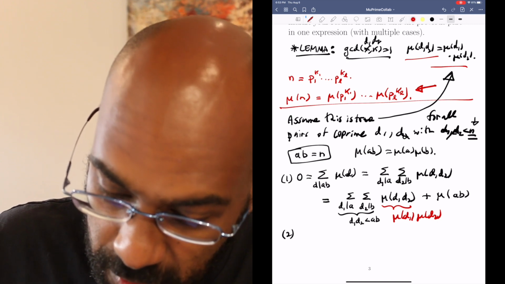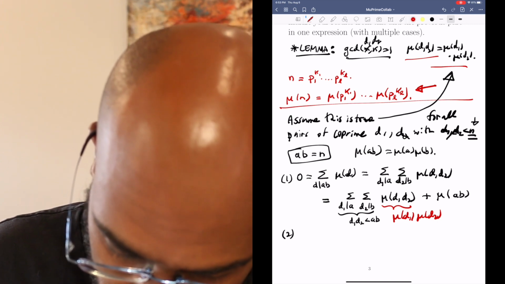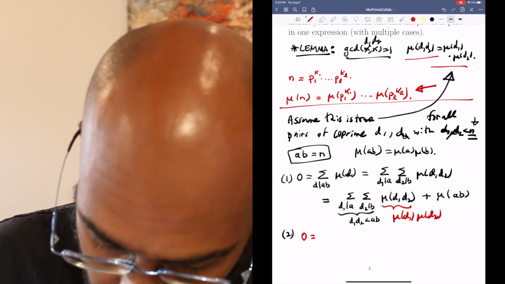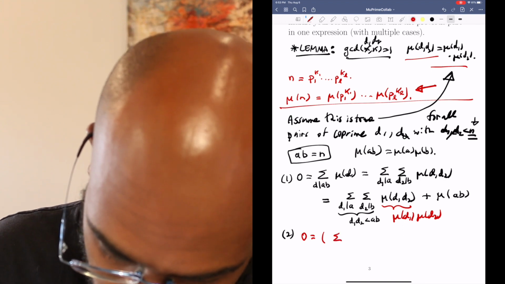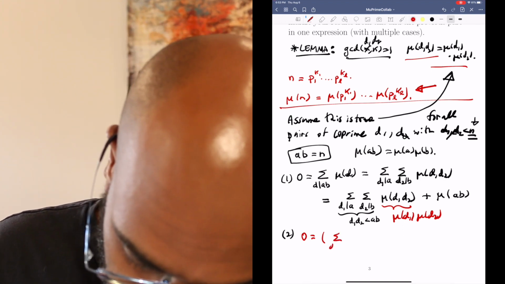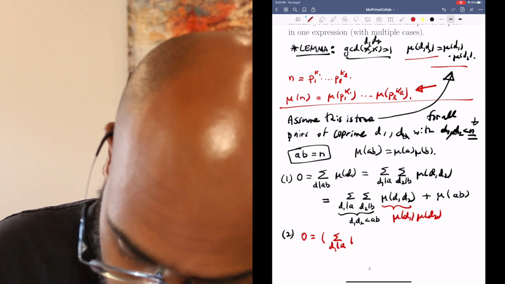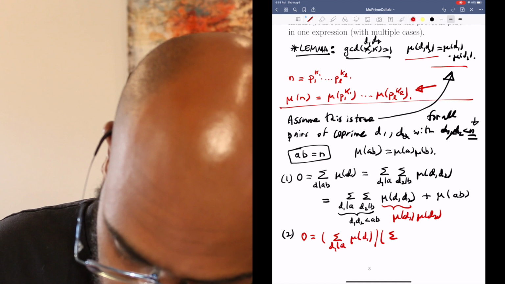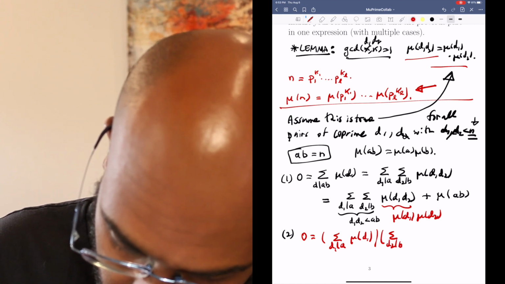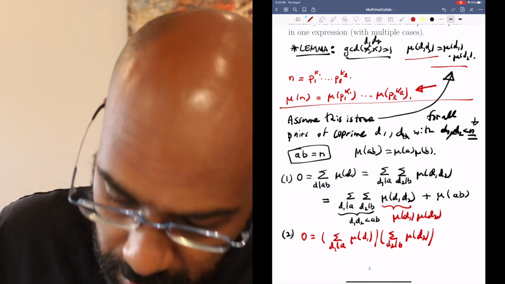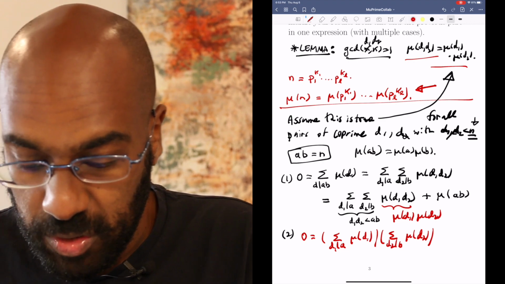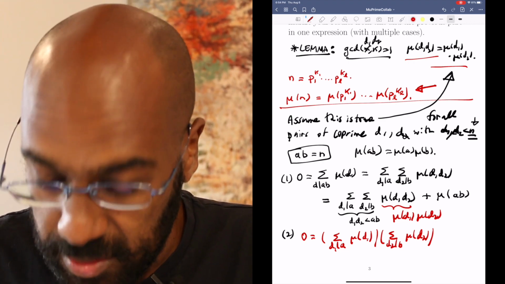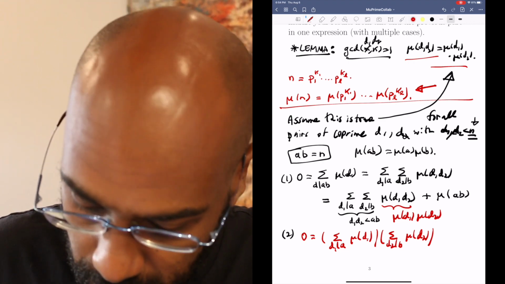Okay, so we can compare this to another thing that we know is 0, which is the sum over d1 dividing A of mu of d1 times the sum d2 dividing B of mu of d2. And the reason we know that this is 0 is that the individual sums are 0 themselves.